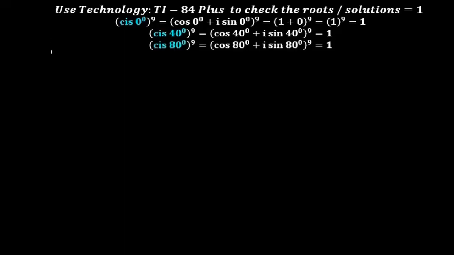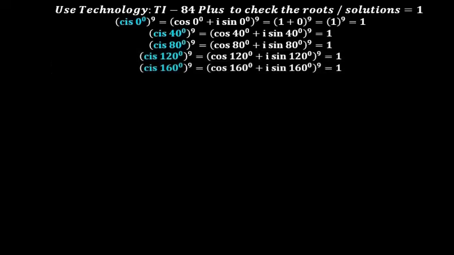Cis 80 degrees to the 9, cosine 80 degrees plus i sine 80 degrees to the 9, is equal to 1. If you put cis 120 degrees to the 9, that is cosine 120 degrees plus i sine 120 degrees to the 9, equals 1.